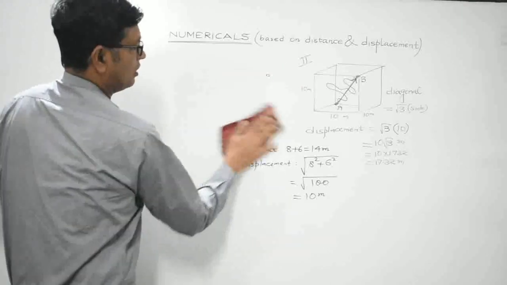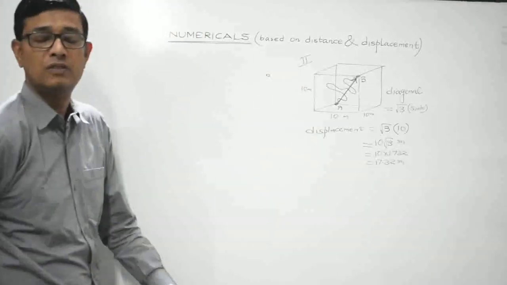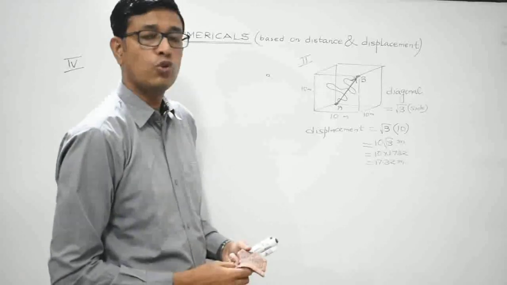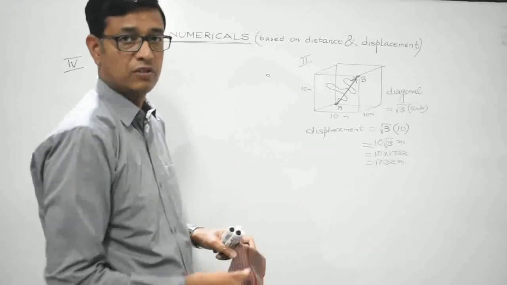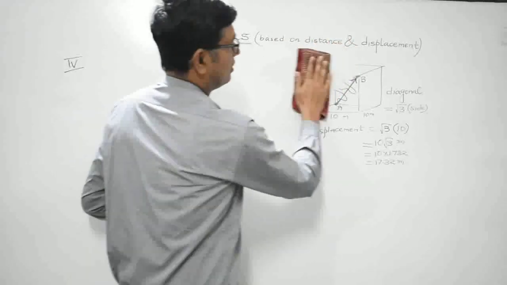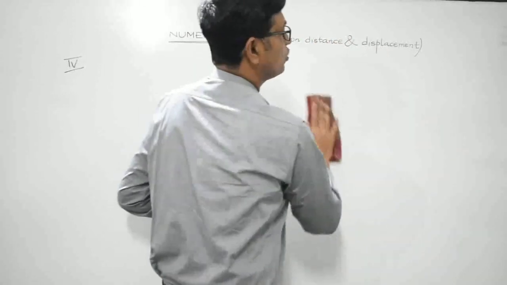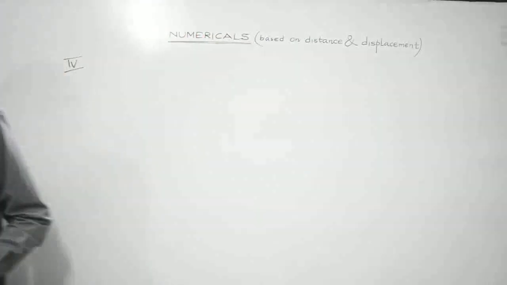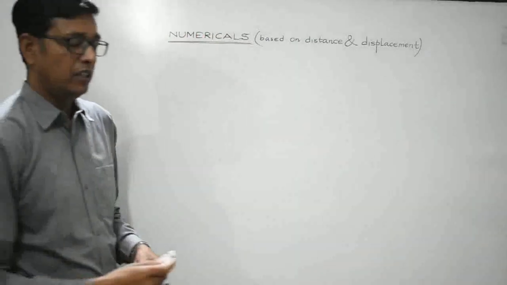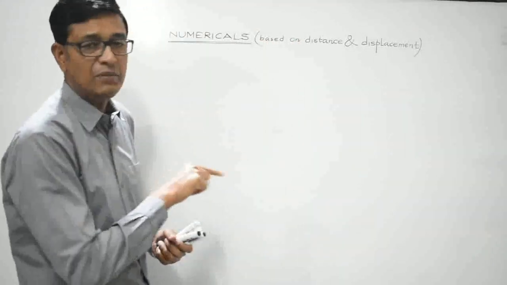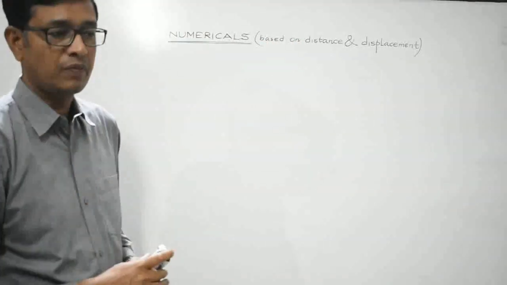Suppose a person starts from the origin and moves 20 meter towards north. He then turns towards his right and moves 10 meter towards east.